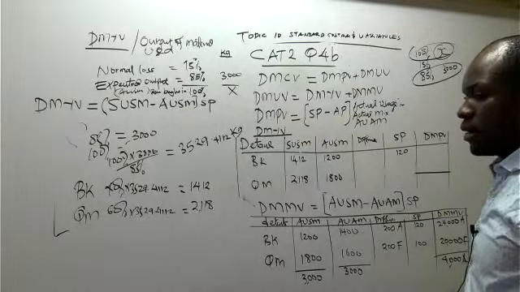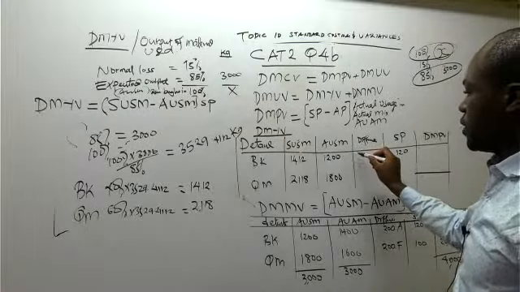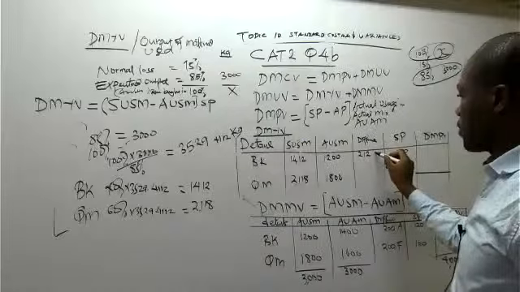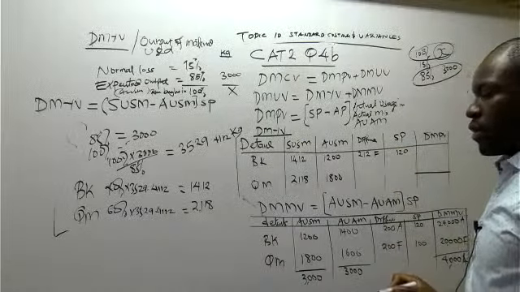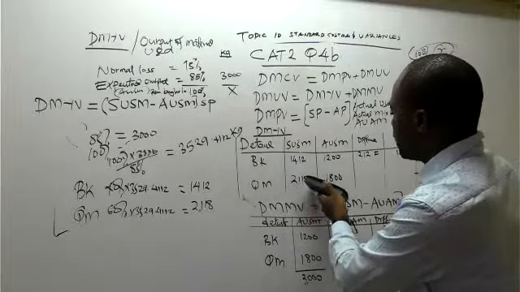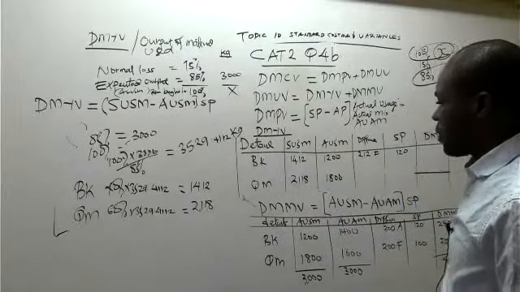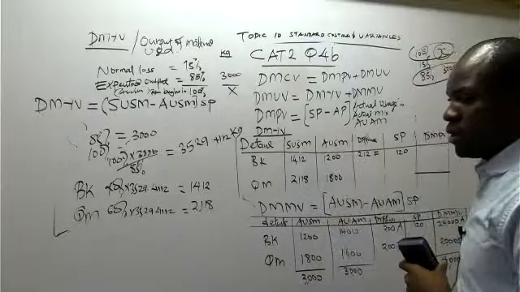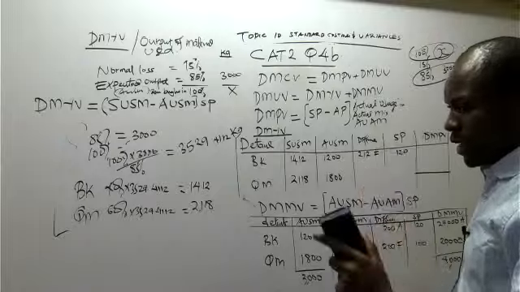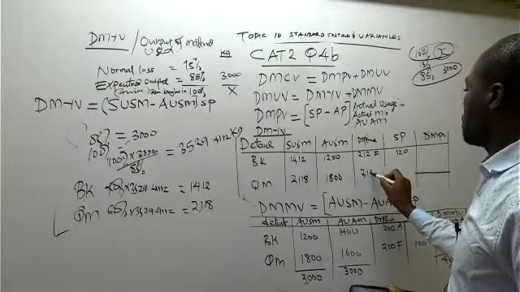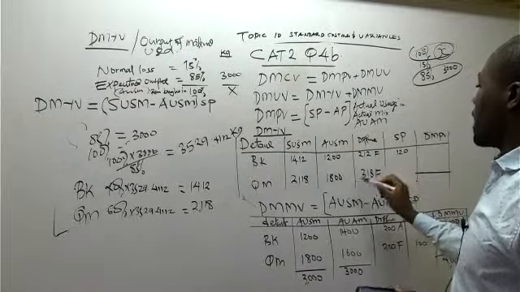The difference will be 212, is it? The difference between these two: I expected to use 2118 to produce the product, but I ended up using 1,800 only. It is a gain of how much? 318 gain. Go ahead and calculate.